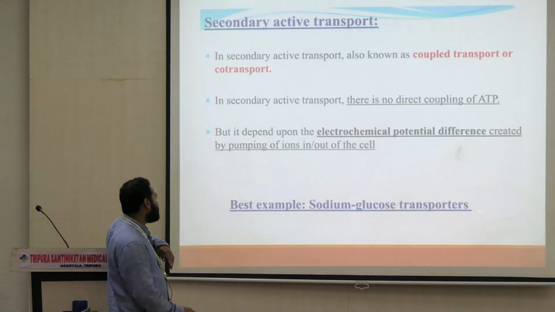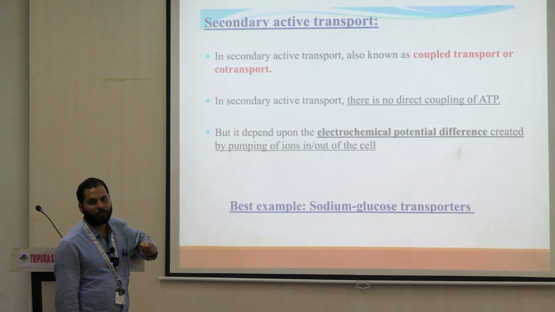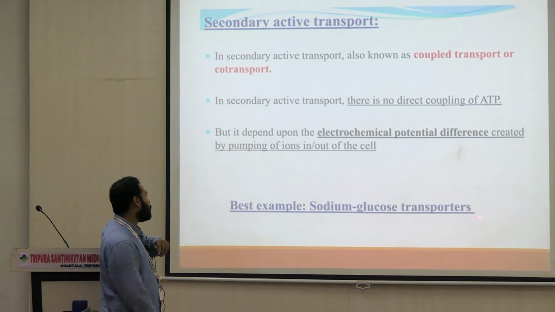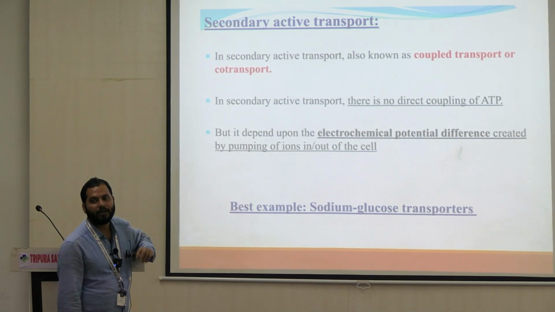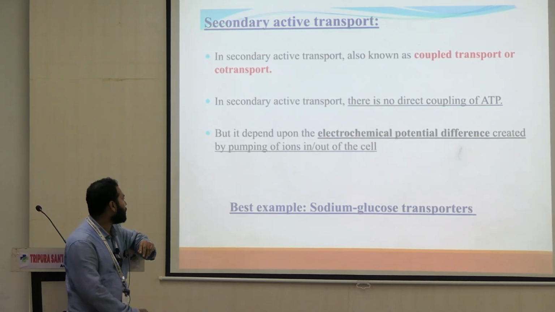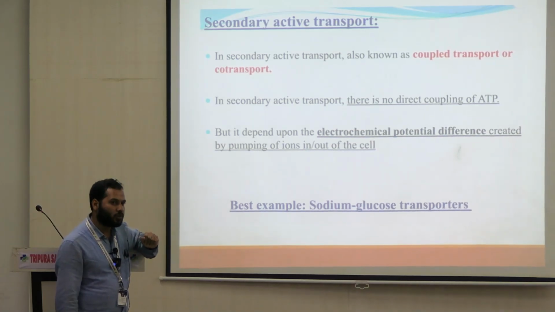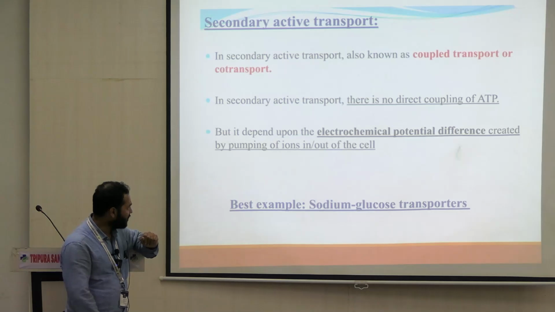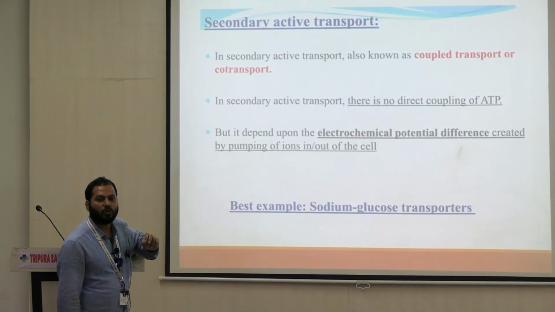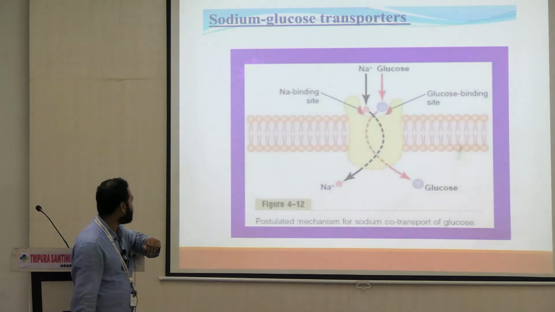Now, a very common example of the secondary active transport process is the sodium glucose transporter, right? This is the protein pump. This pump is also very specific. It only allows sodium ions and glucose molecules, right? Now see how the sodium ion and glucose are transported across through this transporter.